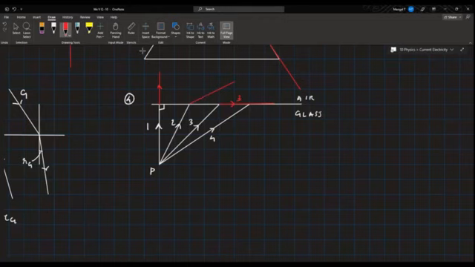It will show some deviation. It will suffer refraction. And what happened to ray number 4? It will suffer total internal reflection. If someone asks you why, you have to say that the angle of incidence over here is greater than the critical angle, because this will be your critical angle.